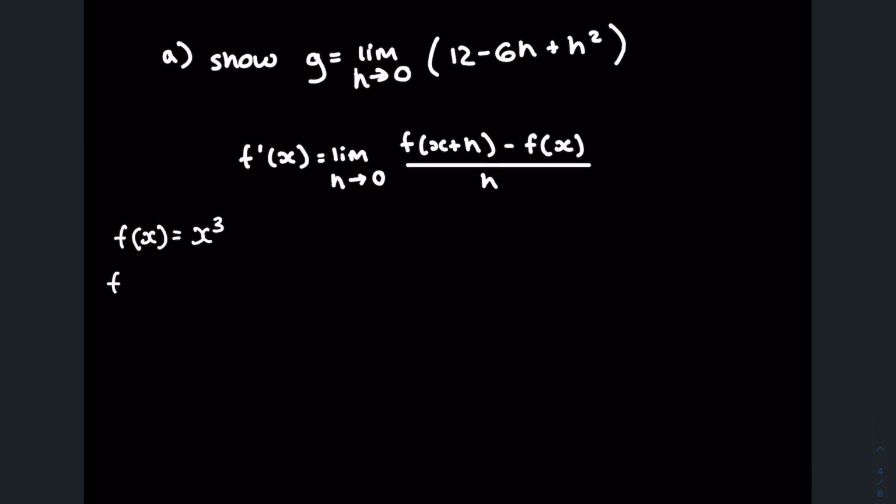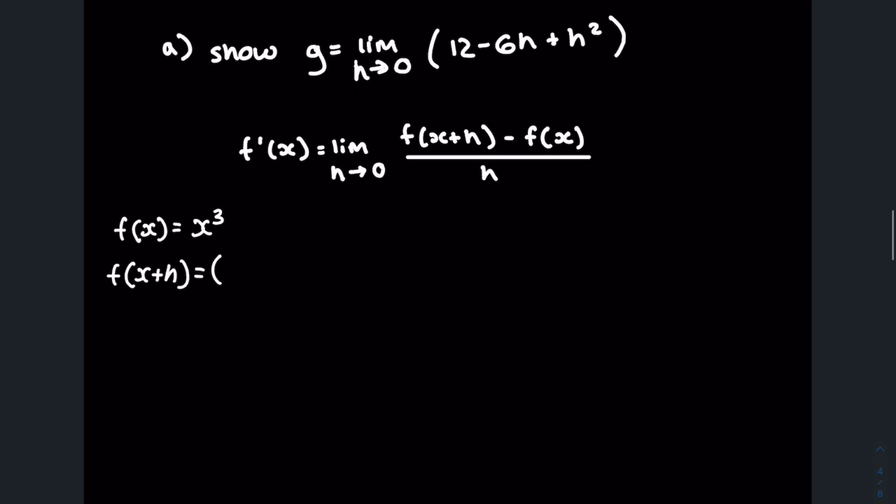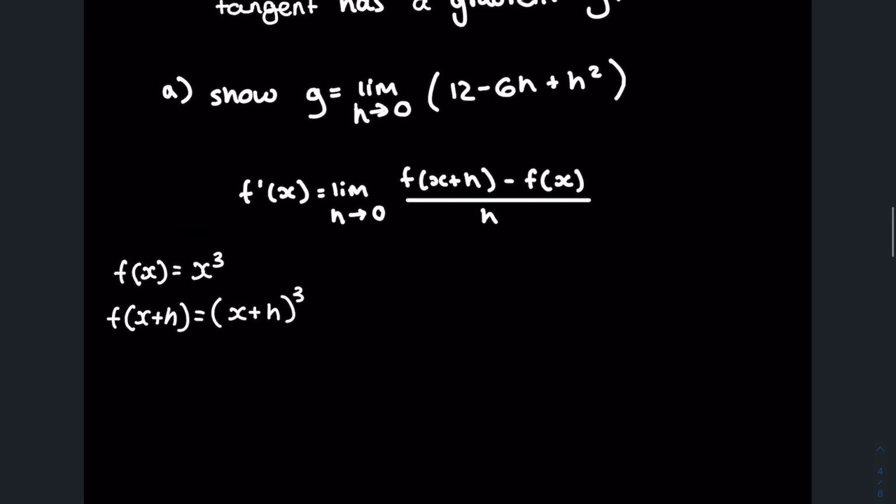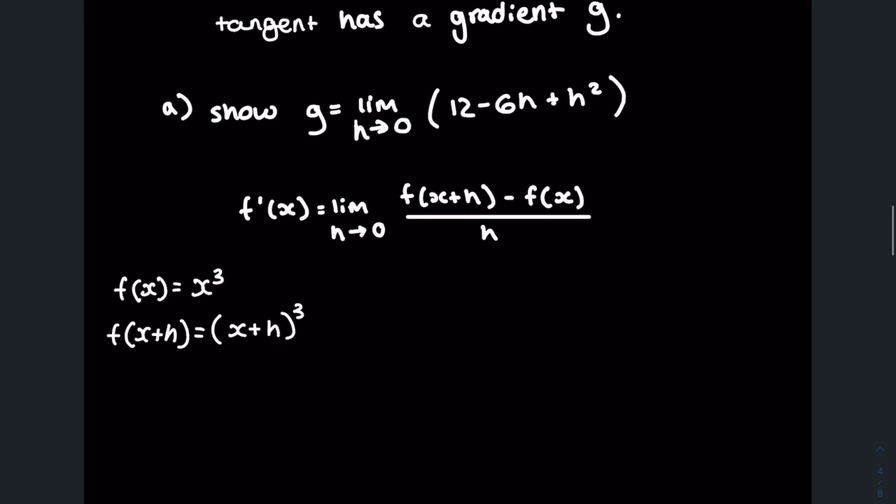So we're going to write f of x plus h. Again, we're putting it into the function box, which means we're replacing where x is with x plus h. We're going to get x plus h cubed. And we're showing that g is equal to this 12 minus 6h plus h squared.